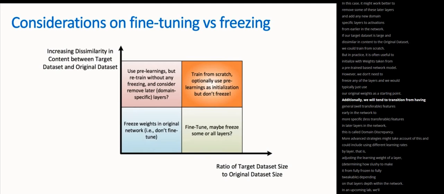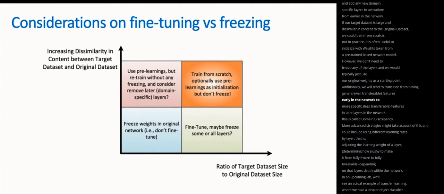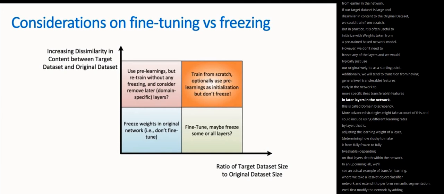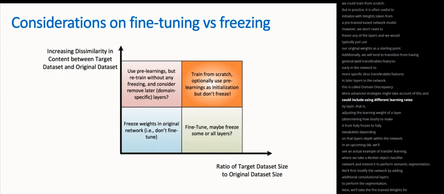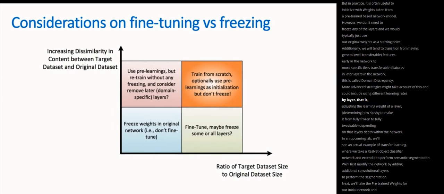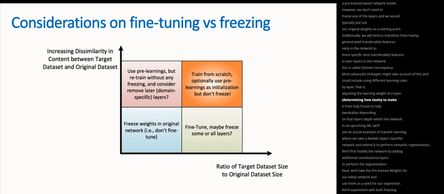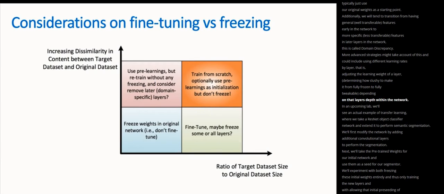Additionally, we will tend to transition from having general, well-transferable features early in the network to more specific, less transferable features in later layers in the network. This is called domain discrepancy. More advanced strategies might take account of this and could include using different learning weights by layer. That is, adjusting the learning weight of a layer, determining how slushy to make it from fully frozen to fully tweakable, depending on that layer's depth within the network.